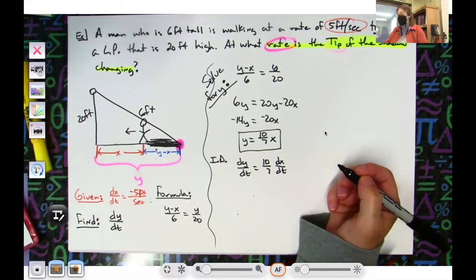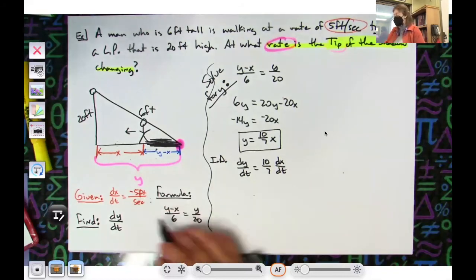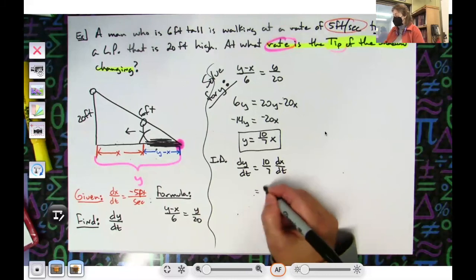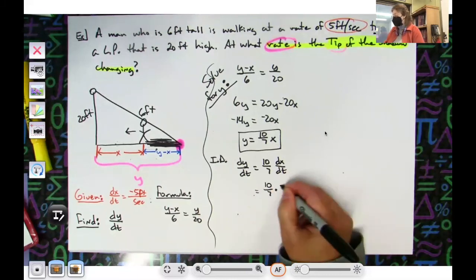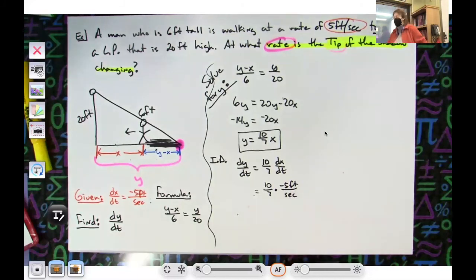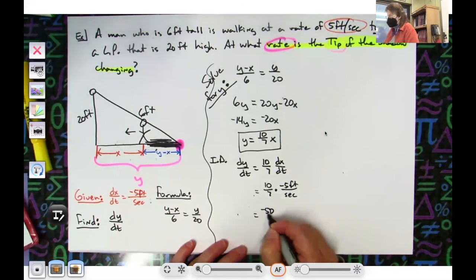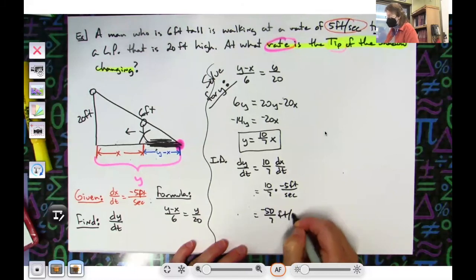Setting it up this way makes it really nice because then you just plug in -5 feet per second. So 10/7 times your -5 feet per second is -50/7 feet per second.